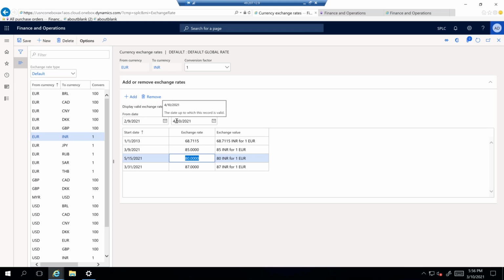Okay, if you enter here, it will display. So 9th March is 85, 31st March is 87, April 30 is 82, May 15th is 80. Different exchange rates.